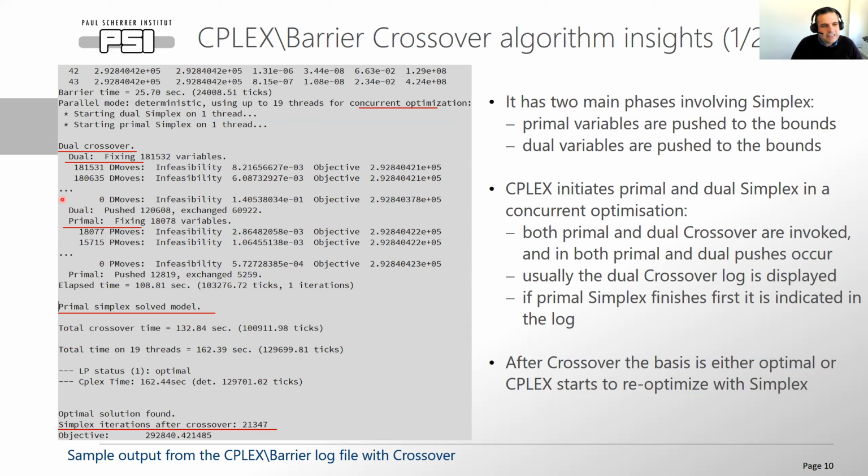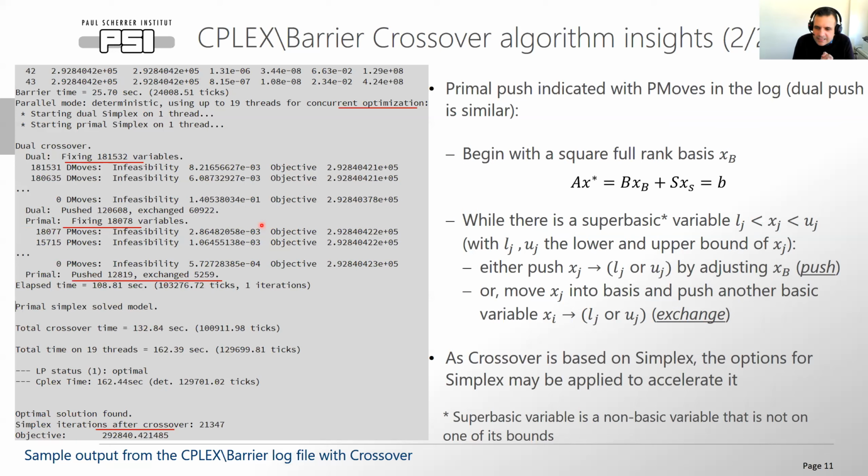You can see here, for example, that when the dual pushes are starting, the crossover needs to correct this number of variables, and as the iterations go, all these variables are fixed. Every time, the D moves here report to us how many variables need to be pushed. You see here also something which is called exchanged. So let's see what this means also.